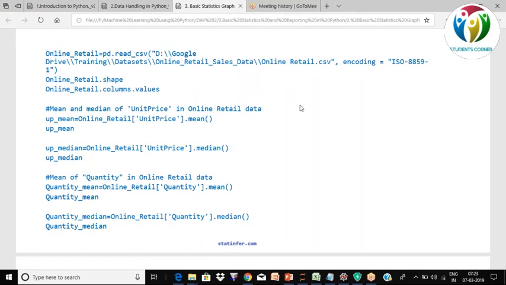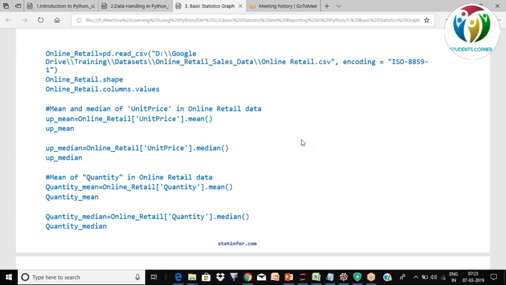Okay, 4.61 is the mean, whereas the median is 2.08. Yes. So in ideal scenarios, mean and median should be either the same or nearer. If you see there is a lot of difference between the mean and median, what does that say?